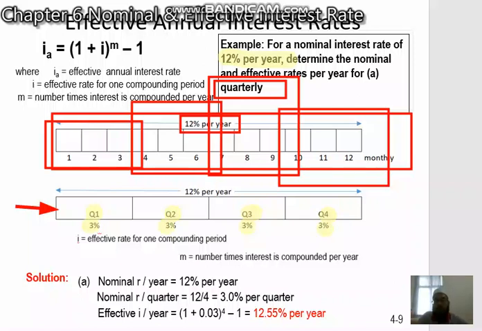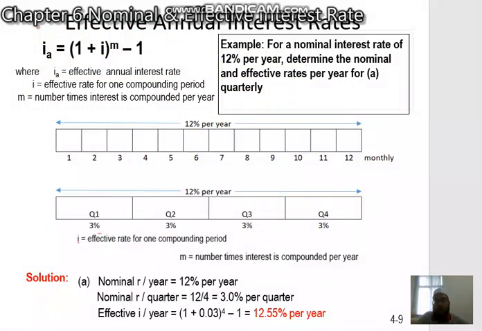So look back at this formula. Again, i stands for the effective rate for one compounding period. Compounding is every quarter, every 3 months, and the rate is 3%. So the i value here is 0.03, or 3%, and M is the compounding frequency per year.